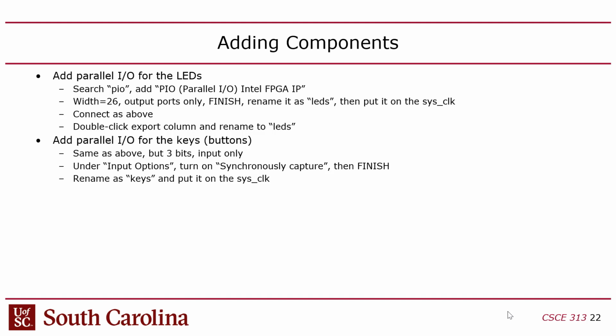Well, yes, but using key 0 for reset is handled directly in your top level wrapper, the Verilog file. If you want to be able to read the keys from your software running on the Nios processor, then you need a parallel I/O peripheral. Does that make sense? In other words, you already have access to the keys through hardware. If you want software access to the keys, you have to add this parallel I/O thing, which, again, you guys have done already.